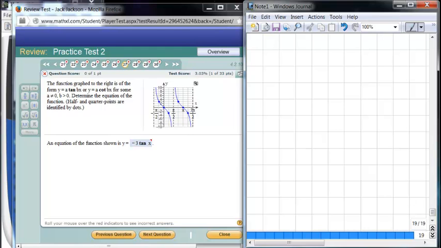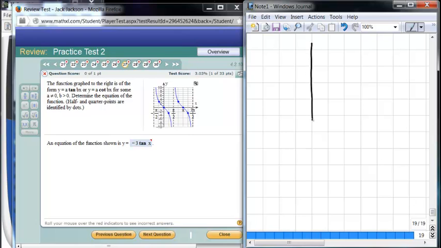So we have y equals a tan of bx, or y equals a cotangent of bx here, where b is positive, a is not 0. So notice it goes through the origin.